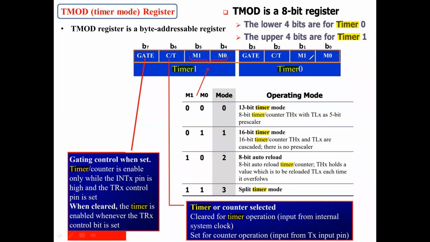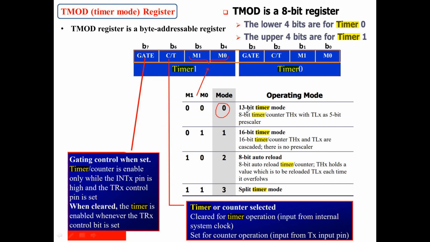Now coming to the mode bits M0, M1. If the two bits are 0 0, then your timer 0 is in mode 0. If it is 0 1, it is mode 1. If it is 1 0, it is mode 2, and 1 1 is mode 3. Let us discuss mode 0.